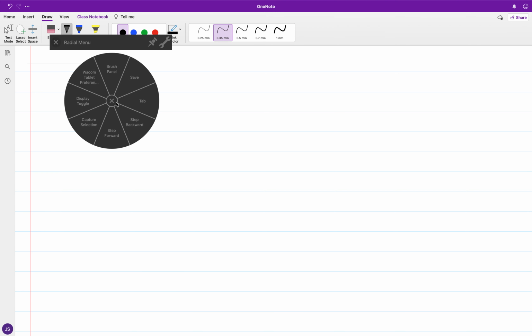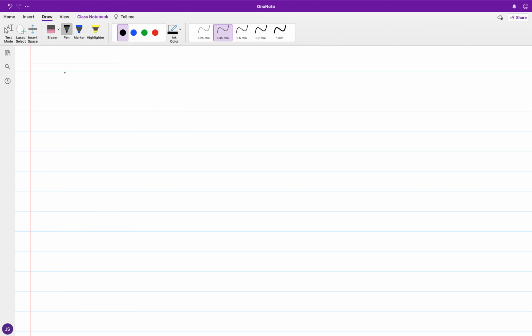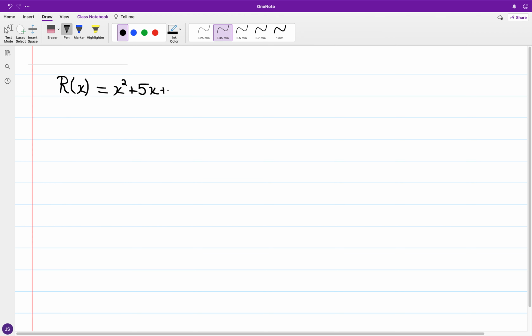I had left off looking at solving the comparison to zero inequalities with a rational function, where r of x is equal to x squared plus 5x plus 4, all over x squared minus 2x minus 3.